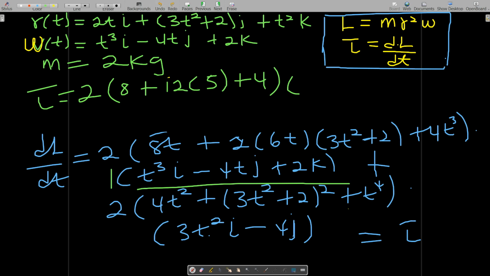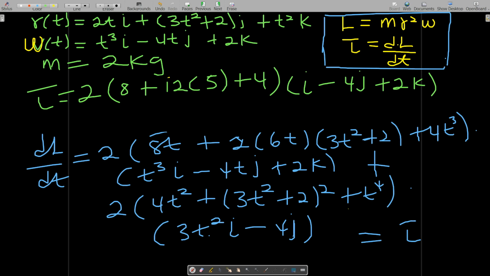Alright, I hope you can see that. When I put 1, I'll get i minus 4j plus 2k. Right, this is very simple. Then there is a plus here, mind you. So plus 2, then putting 1 in that, I'll get 4 plus, 3 plus 2, because if I put 1 here, I'll get 3 plus 2, which is 5, and there's a square, so 25.